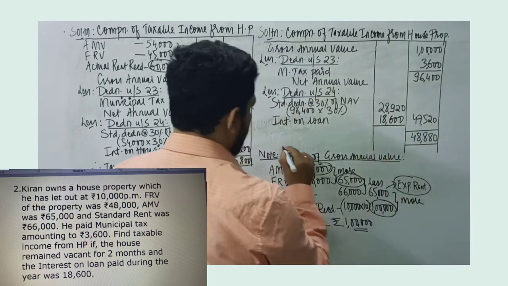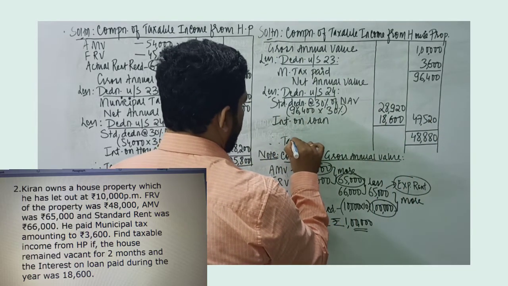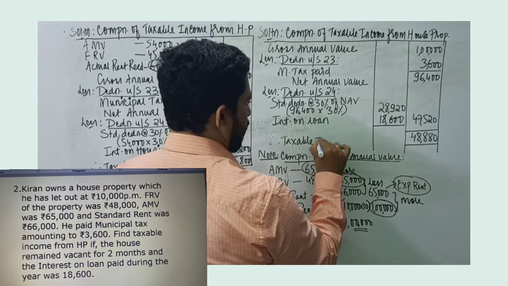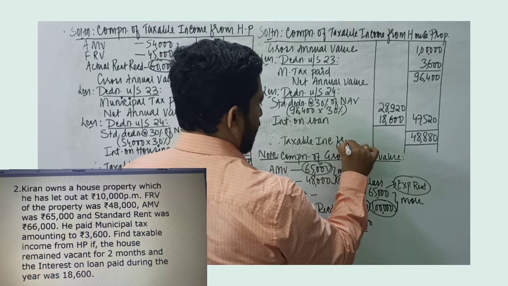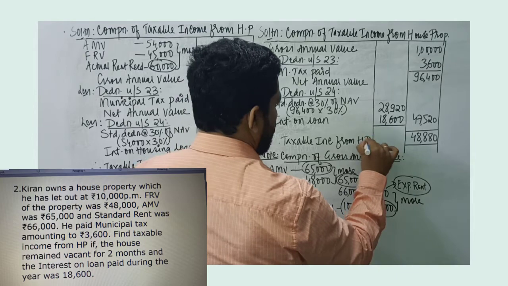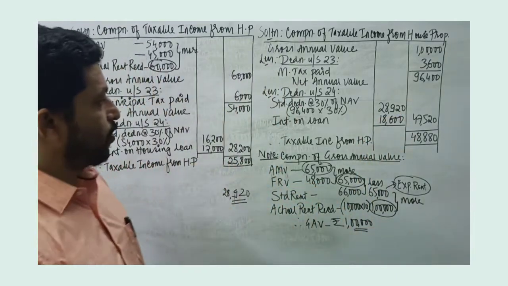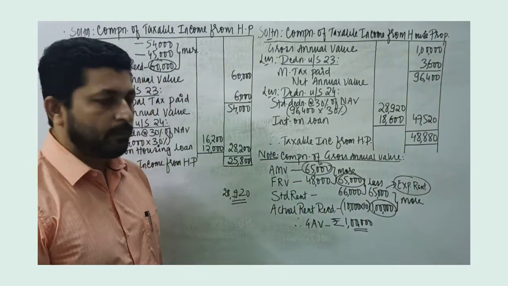So 48,880 will be the taxable income from house property. So this is the solution to question number 2.